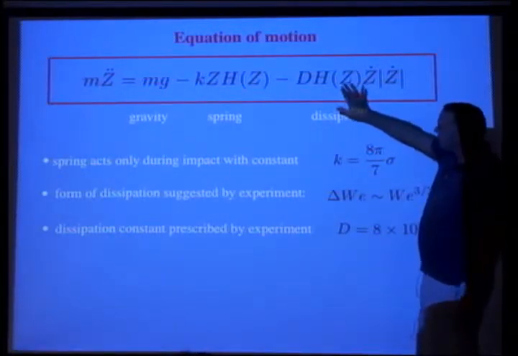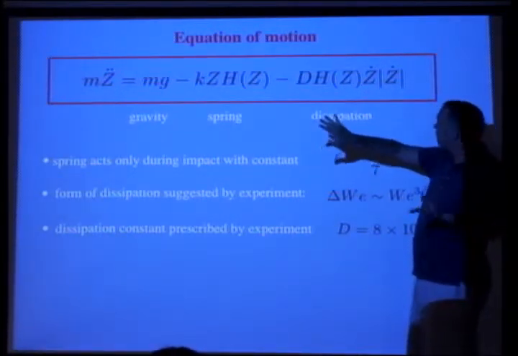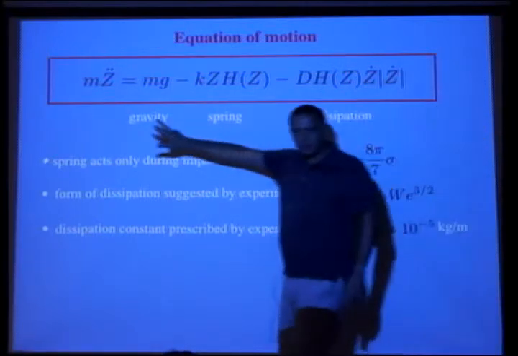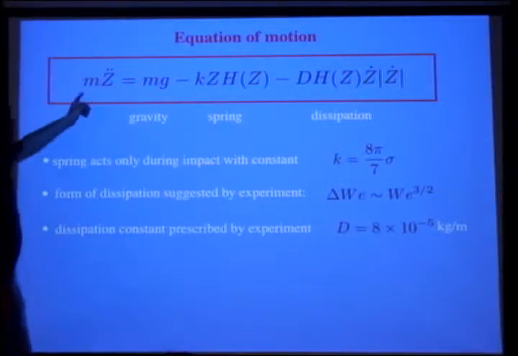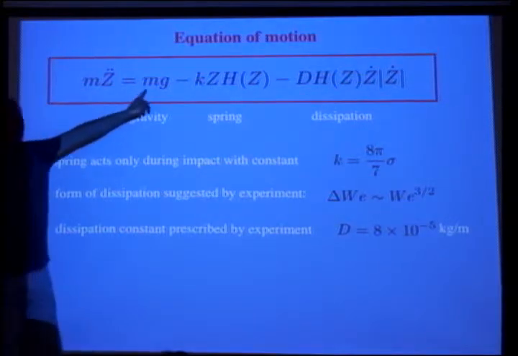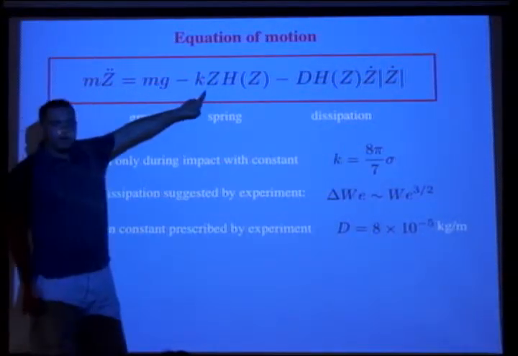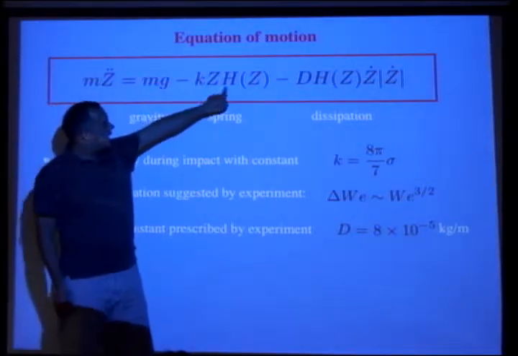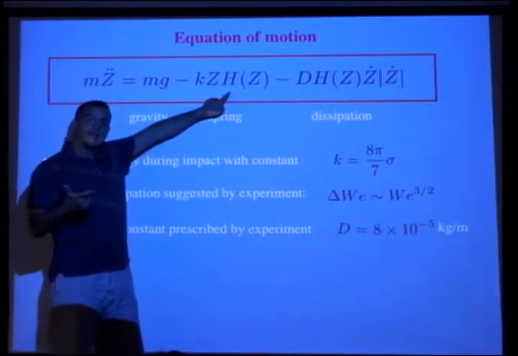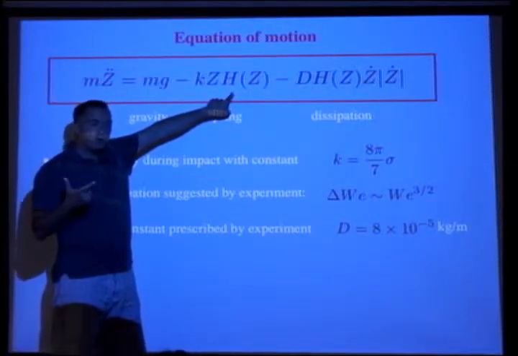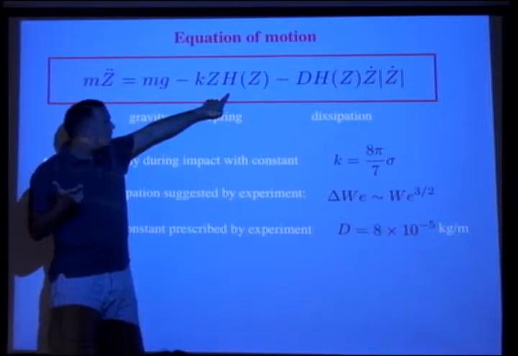And we've actually tried different types, but we've chosen this form. So this is the equation of motion of the drop now. So mass times acceleration of the drop, no one's going to argue with that. Then we have our linear spring force term, and this Heaviside function says it only acts when the drop is in contact with the film, so that's going to act over the contact time.